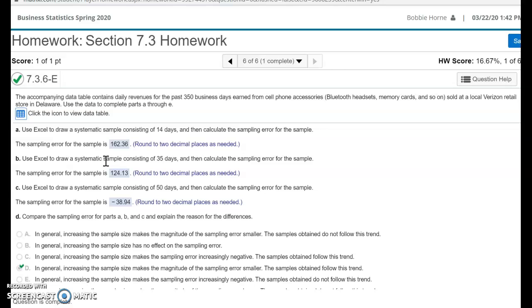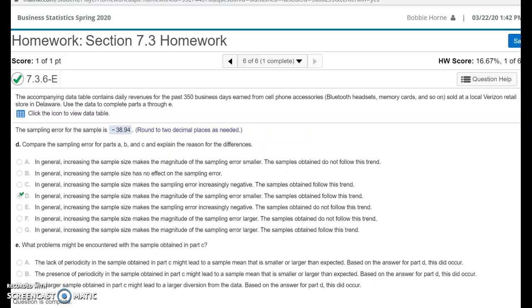So compare the sampling error in general. Increasing your sample size makes the magnitude of the error smaller. You can see that you're only off by 38 units, maybe, so it's still closer to the mean than the 2 before.